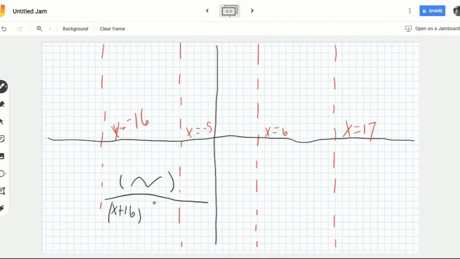X equals -5, this is going to be x plus 5. I'm always going to go opposites. X equals 6, so I know my denominator has to have an x minus 6. And we have x equals 17. It's going to be x minus 17.